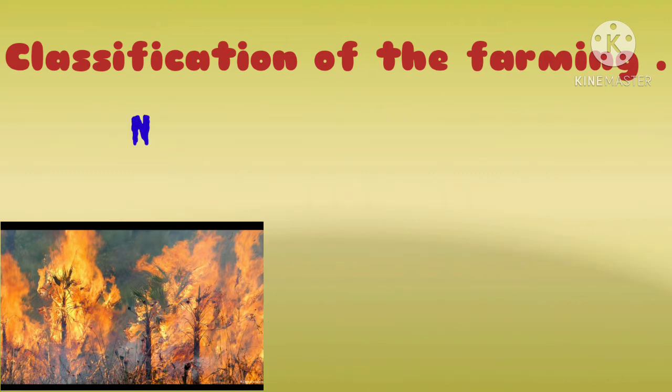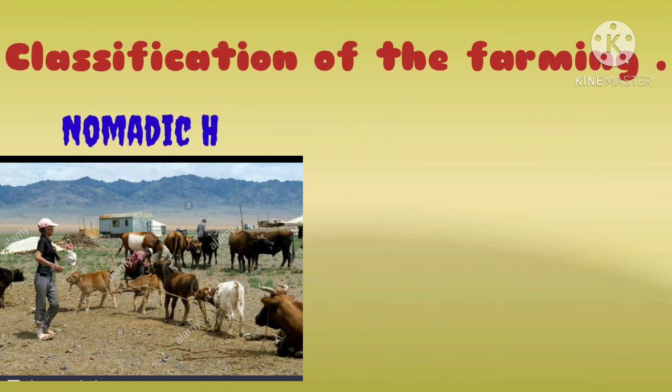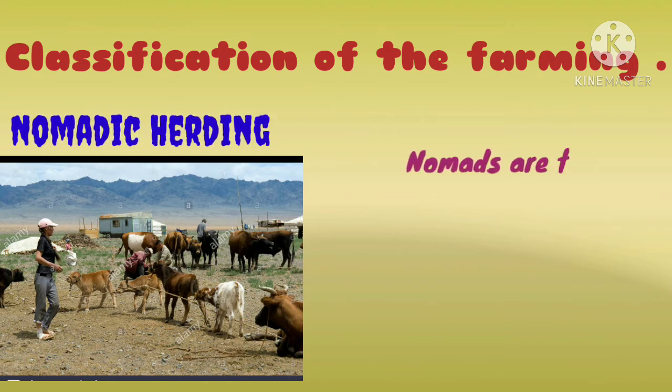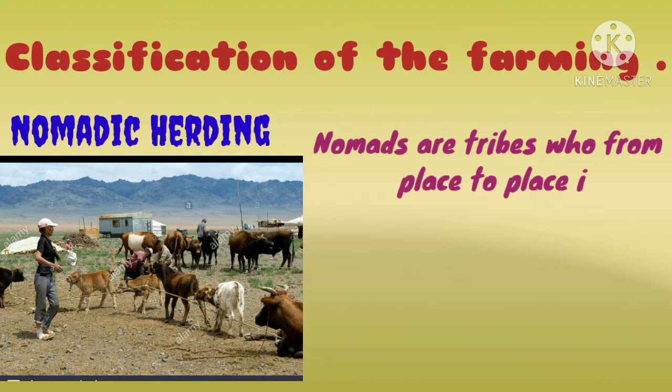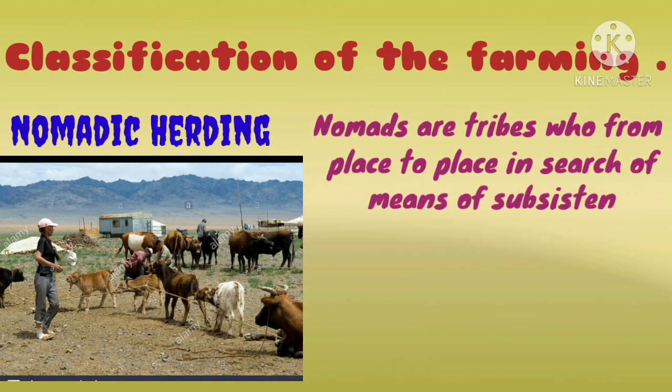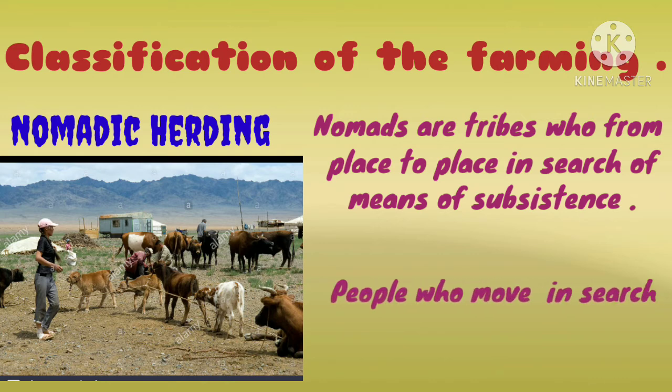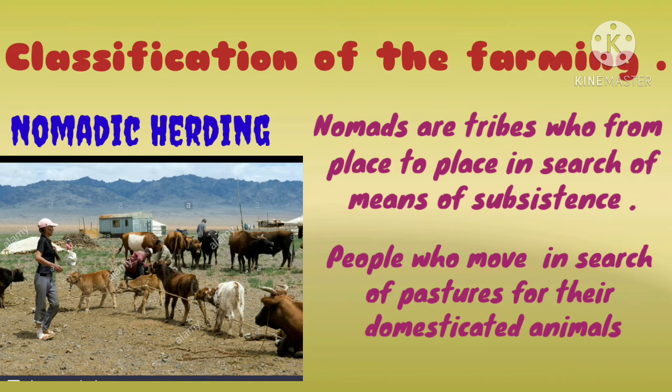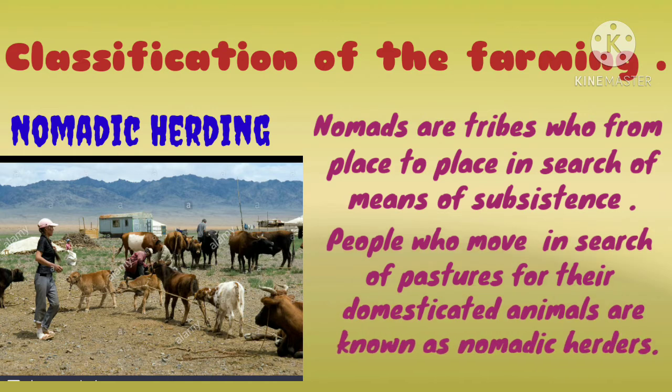Next is nomadic herding. Nomads are tribes who move from place to place in search of means of subsistence. People who move in search of pastures for their domesticated animals are known as nomadic herders.